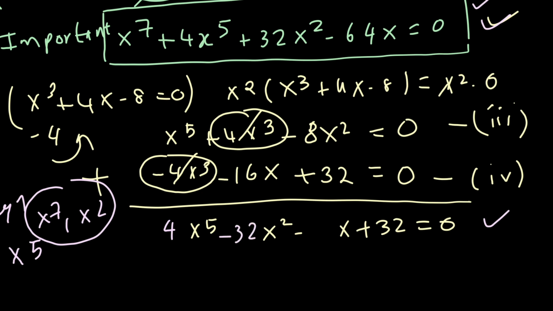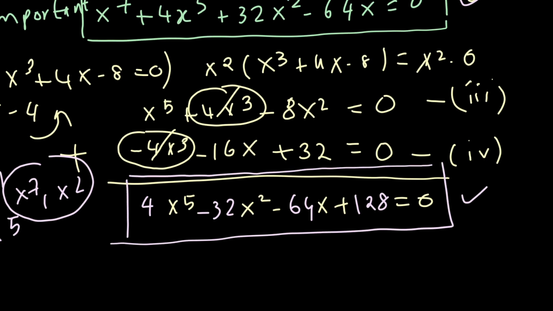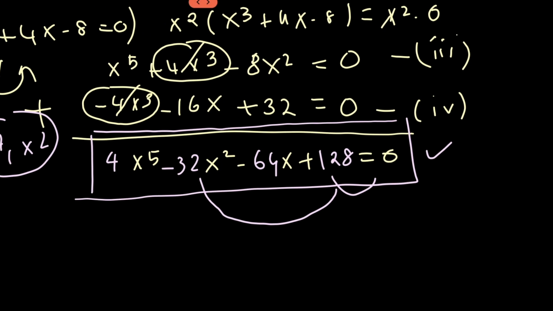Negative 16 into 4 will become negative 64, and 32 into 4 will give me 128. Okay. Now carefully take this particular equation and move the term negative 32x square and positive 128 to the other side. So when you do so, this equation will look like 4 times x to the power 5 minus 64 times x equals 32 times x square minus 128.